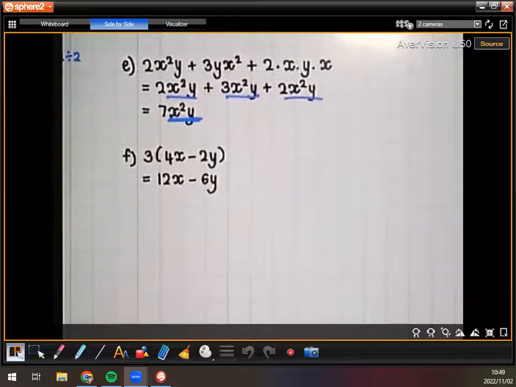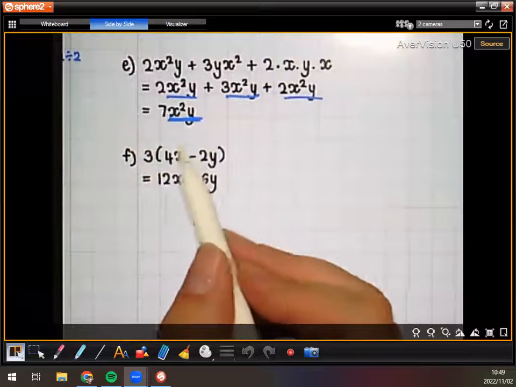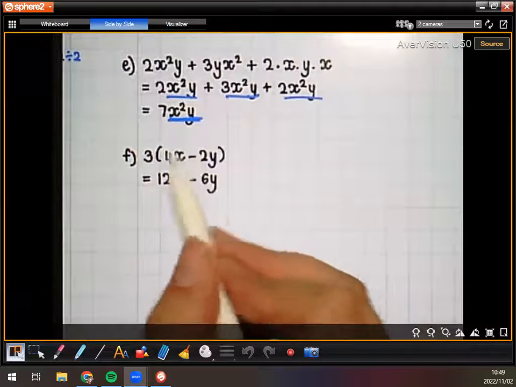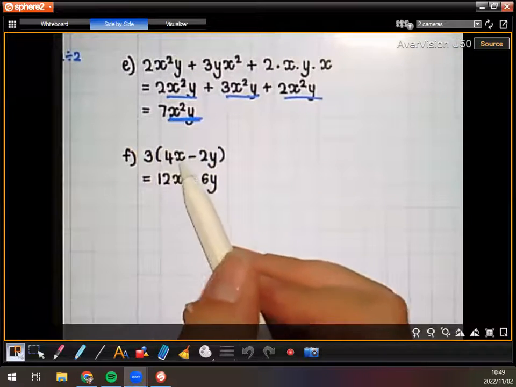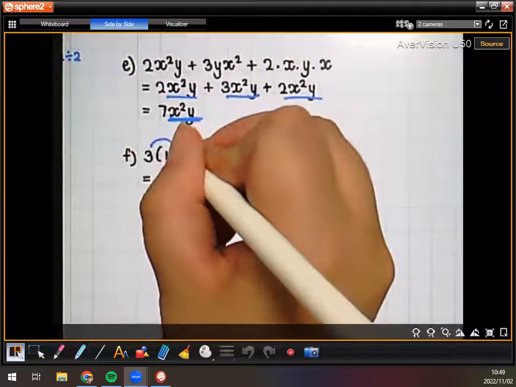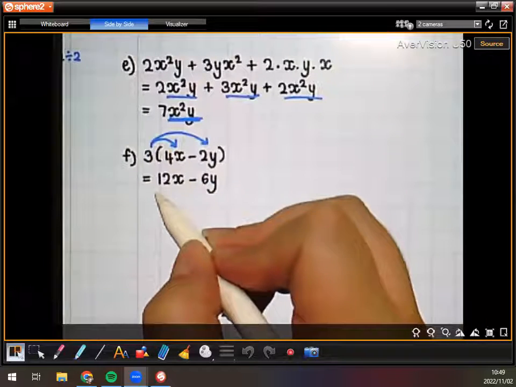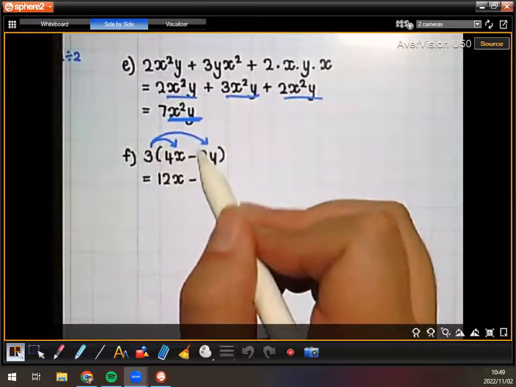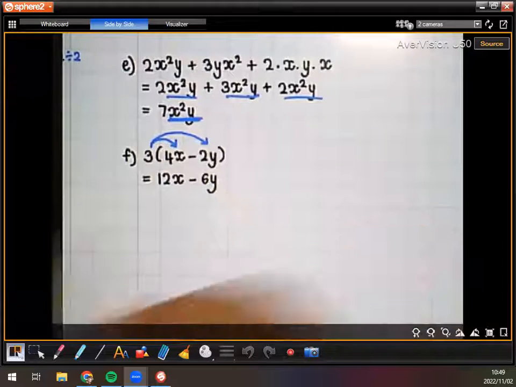Okay, for F, in the brackets, if we remember BODMAS, right, it says brackets first. Okay, can I do something in the brackets here? Are these 2 like terms? No. So now what's the next thing that we're going to have to do? Multiply the 3 by both terms in the bracket. So 3 times 4 is 12, and then there's an x, right? Positive times a negative is a negative. 3 times 2 is 6, and then you have a 1.